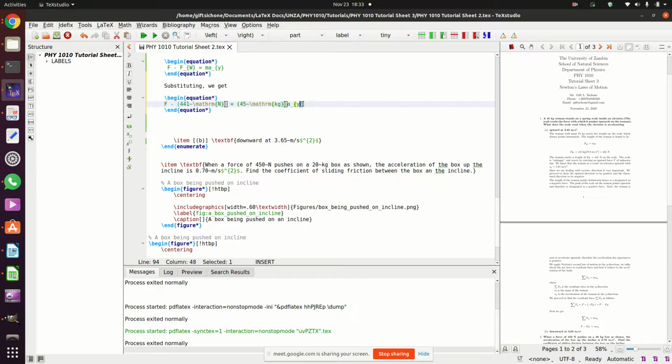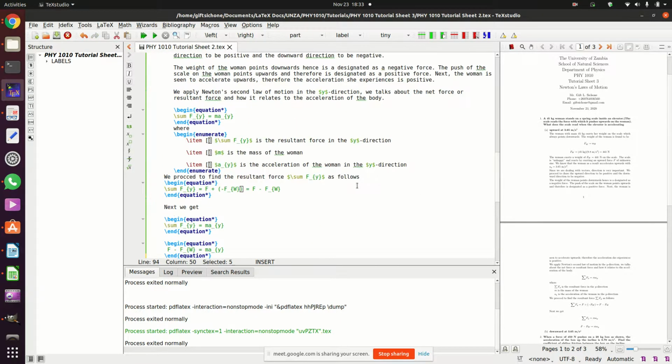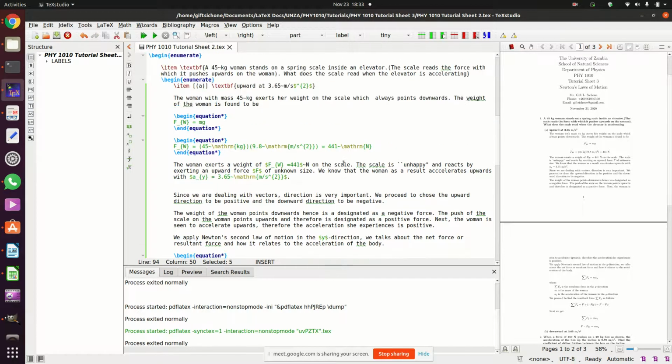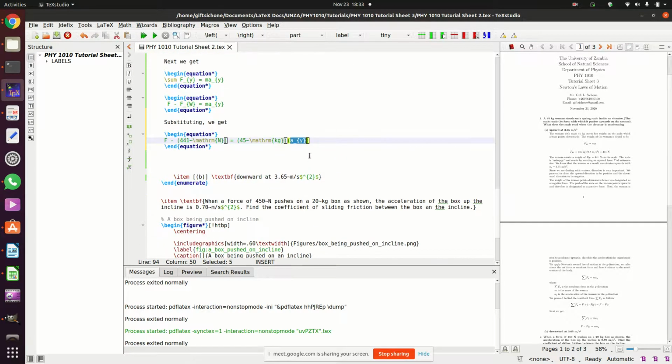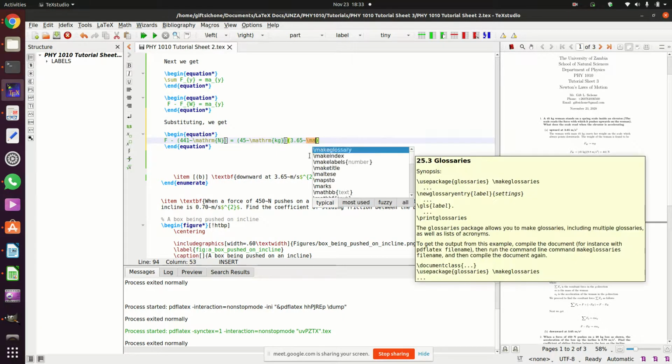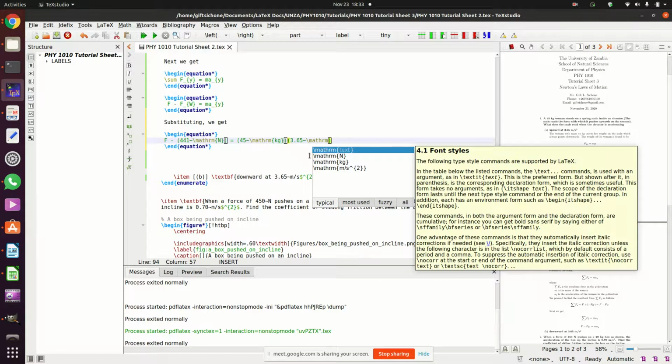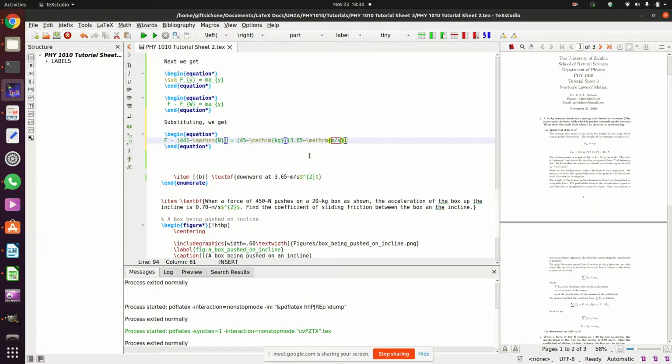And the acceleration we are given as 3.65 meters per second squared.